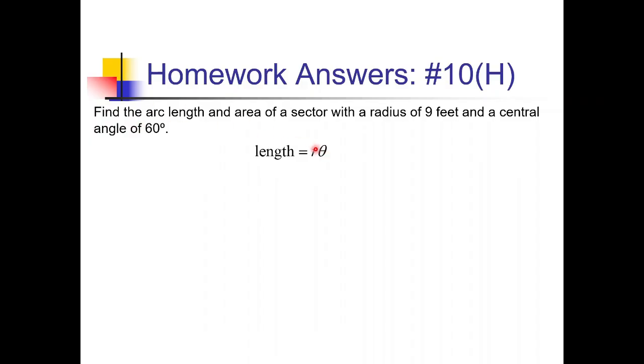That is a little bit of an adjustment we have to make on this. So we've got our radius of 9, and then 60 degrees expressed in radians, because that's how this formula works, that is pi over 3. So then 9 pi over 3, or 3 pi, would give us our arc length. And that's going to be in feet because of the units they gave us there.